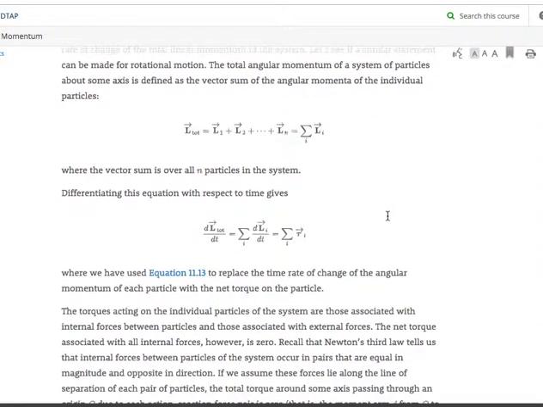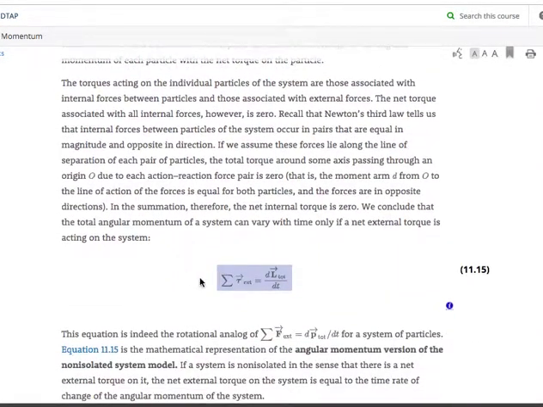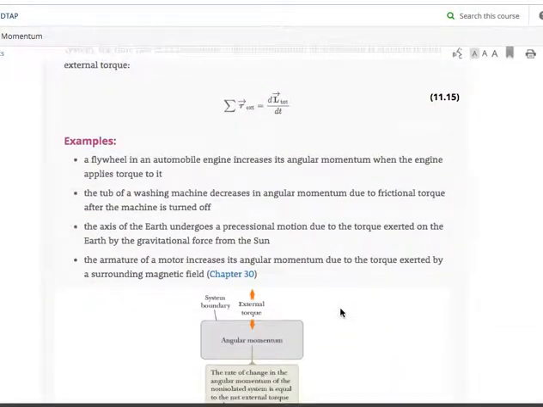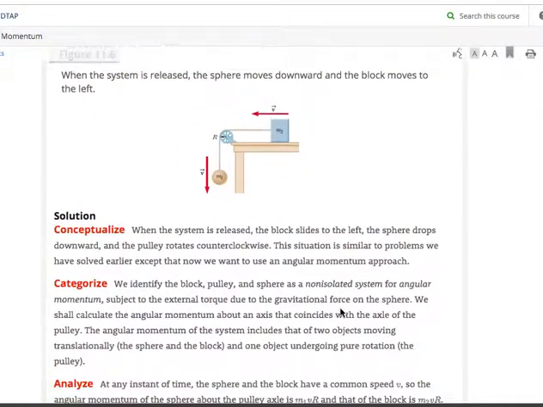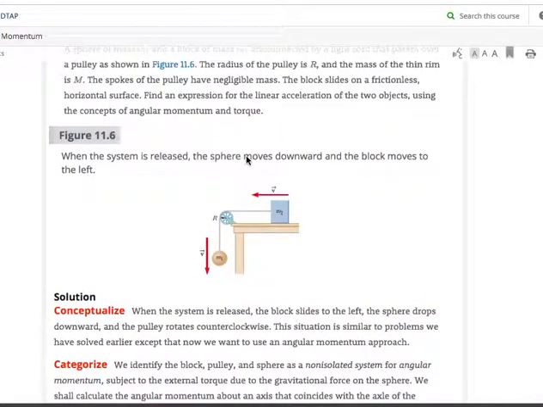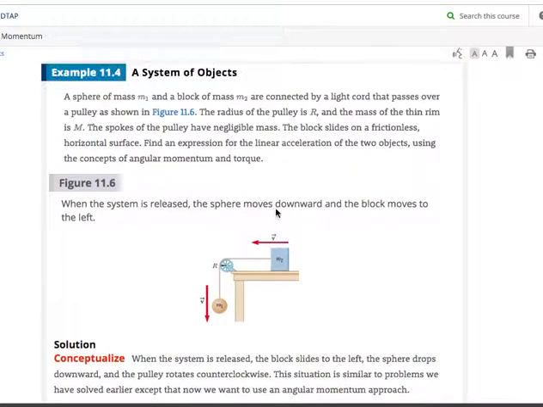Then we come here to system of particles. The total external force will equal the total change of angular momentum. So the external force would be here. It would be the force of gravity acting on this. We're going to assume this is frictionless, I'm assuming. Block slides on a frictionless surface.